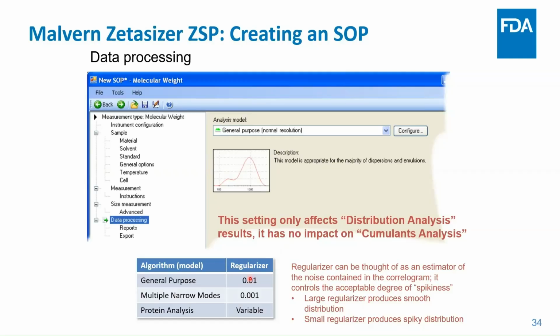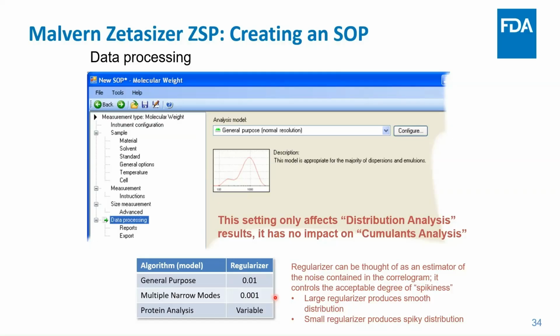So the Z average and the PDI that's calculated from that initial system, it won't change depending on if they use the general purpose or the multi-narrow modes. That is dictating how many individual slices or how many decays they're using to make up that initial correlogram.